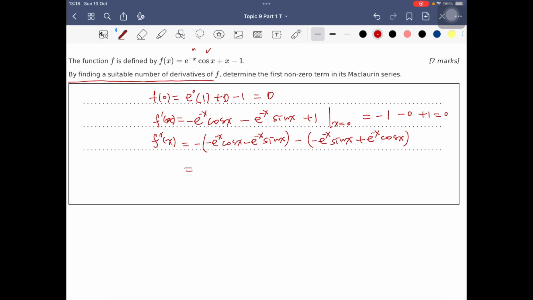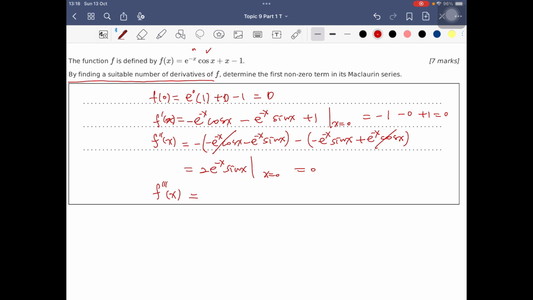So when we simplify them, cos x, this is cancelled. So we have 2 e to the negative x sine x. And when we put x equals 0, it should be 0.